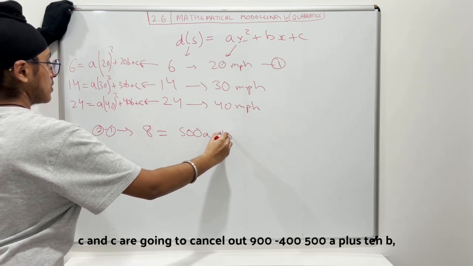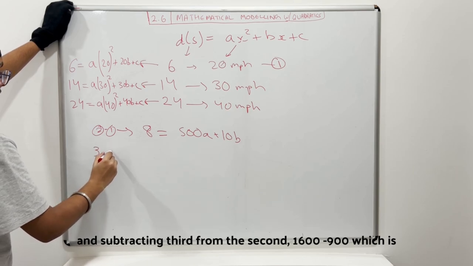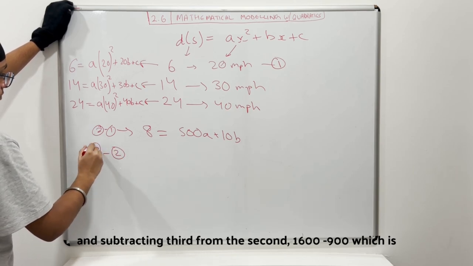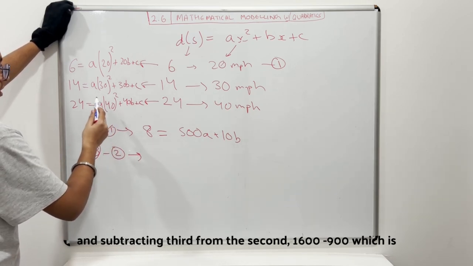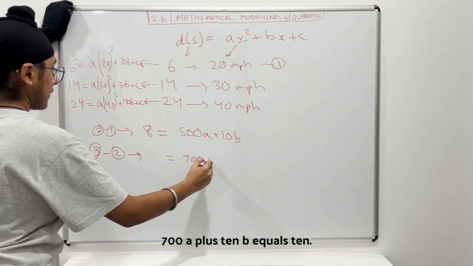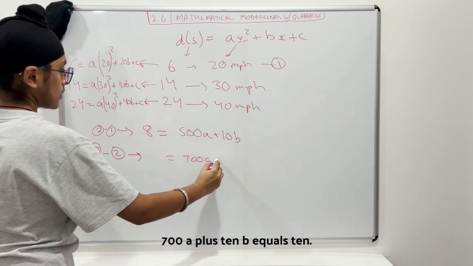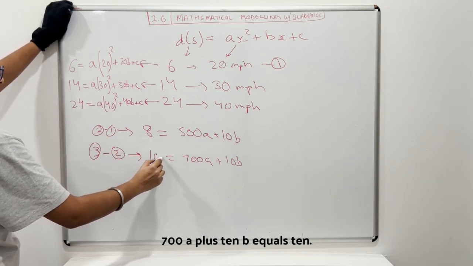plus 10b. And subtracting the second from the third, 1600 minus 900, which is 700a plus 10b equals 10.